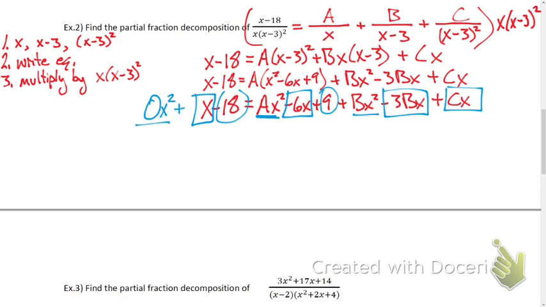And I can write three equations. I know that 0 equals a plus b. I know that 1, because there's a 1 right there, equals negative 6. Oops, I forgot the a's on those. I went way too fast. These have a's on them.